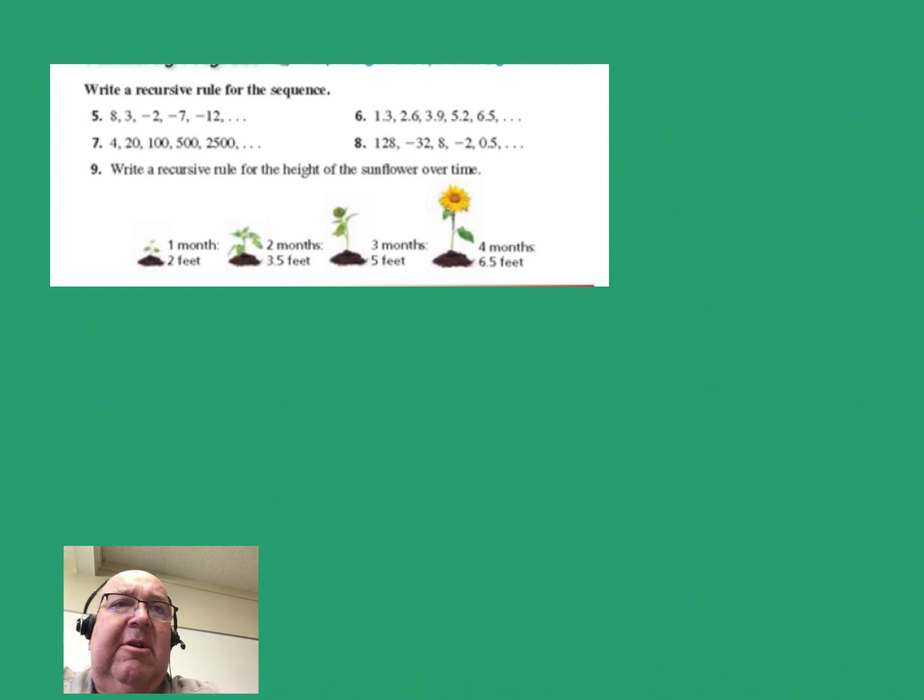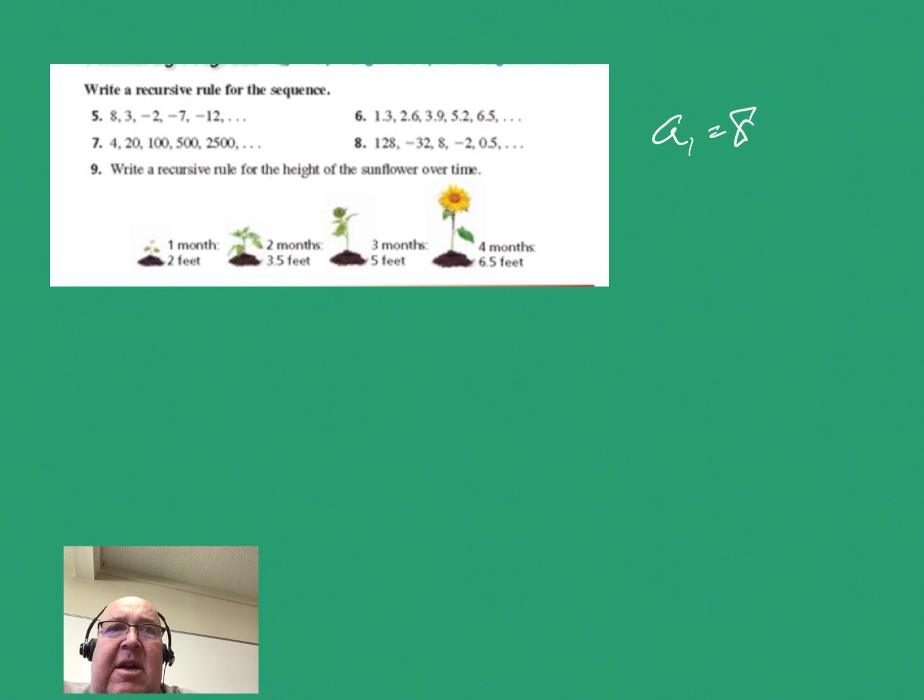Alright, so again, writing some recursive sequences for number 5. A1 is equal to 8. We're subtracting 5 each time, so any term we want to find will be a to the n minus 1 minus 5.